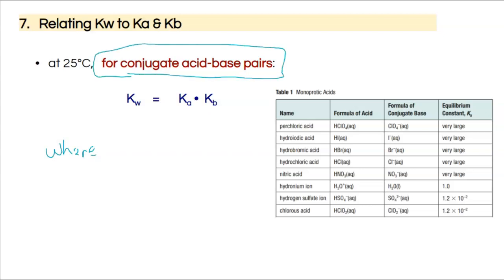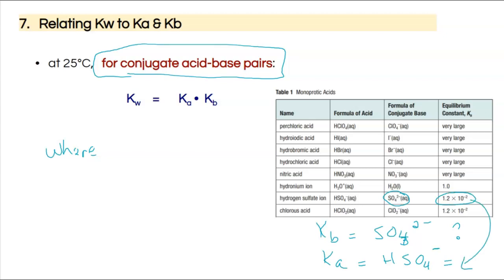So for instance, if I wanted to find out the Kb value for SO4 2-, I don't know that. I would need to use the Ka for its conjugate acid, HSO4-, and that's a value I know. It's right here in the table.